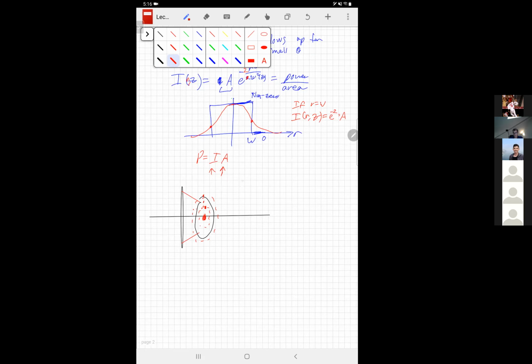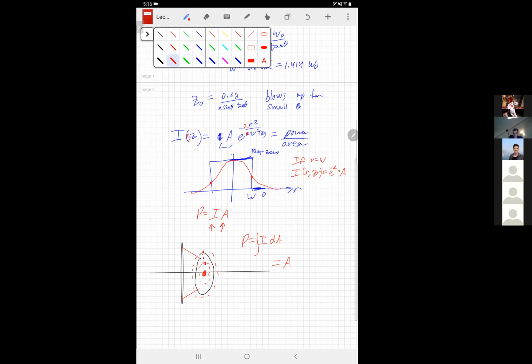So P equals the integral of I dA. I should not have called that constant A, because A is area, so I'll call it I naught. So that's I naught times the integral.